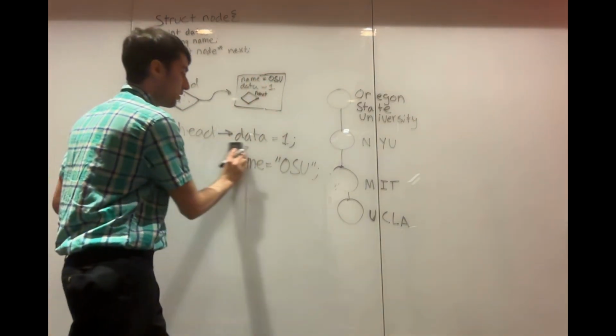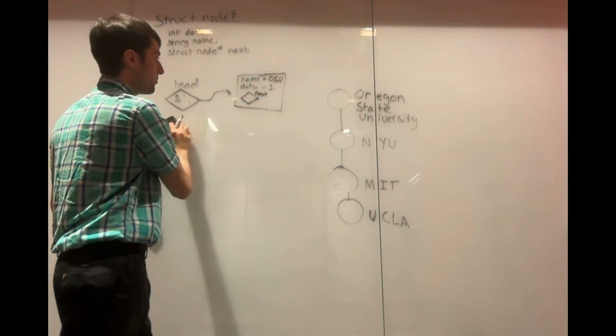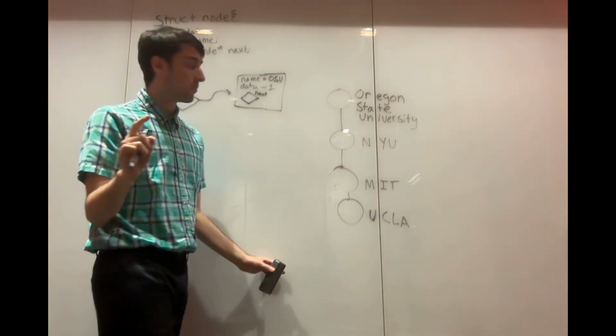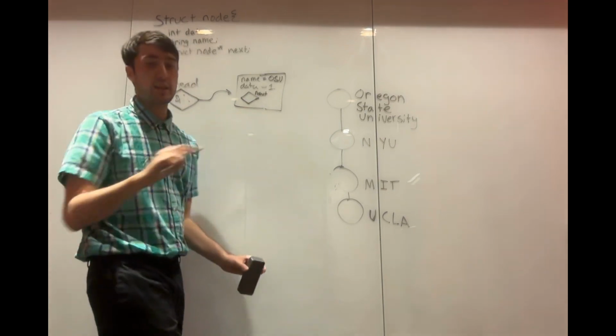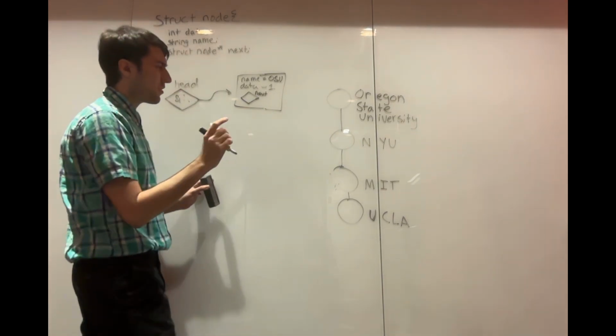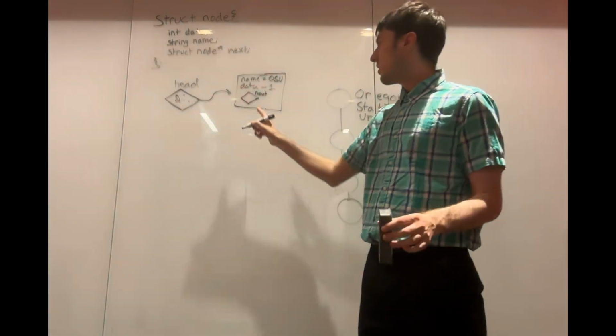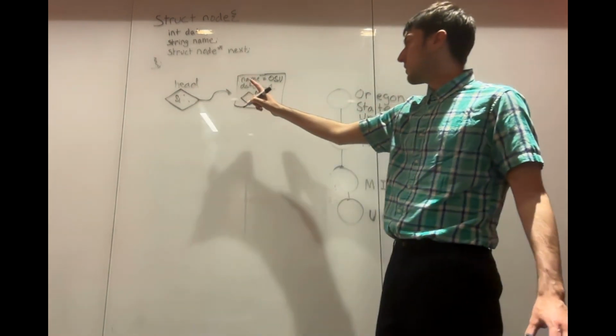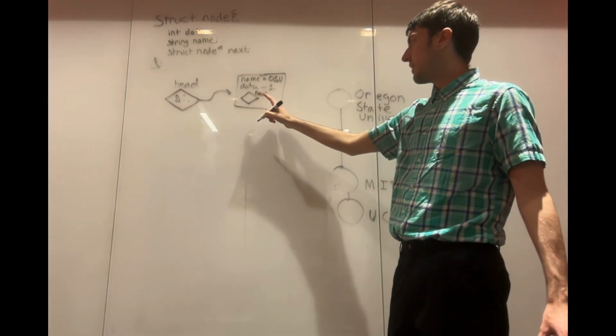Okay, cool. So now what do we want to do? We want to connect this variable to another link. And we have to think about this a little bit, because how are we going to access this particular one? We could do head, arrow, and then next.